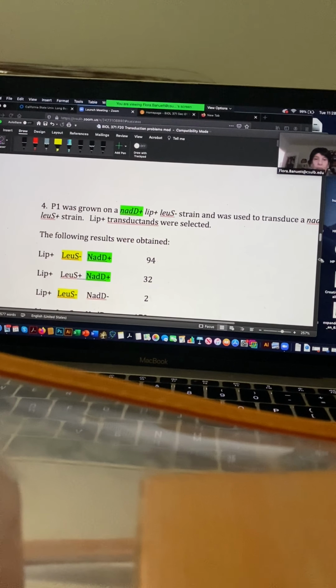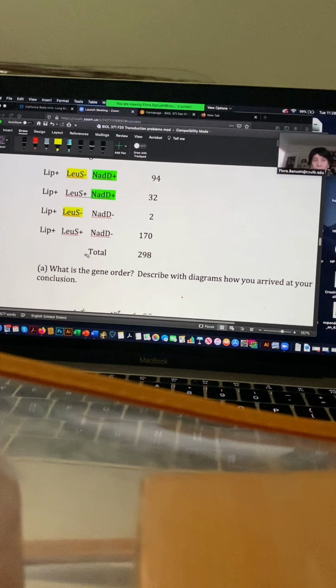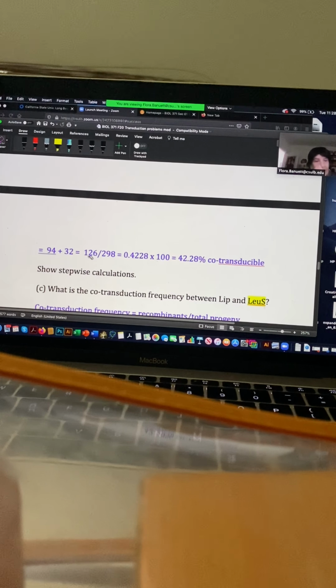So 94 plus 32 equals 126, divided by 298 is 0.4228, times 100 gives 42.28, or 42.3, co-transduction frequency, or a percent co-transduction. Okay? Any questions about that?